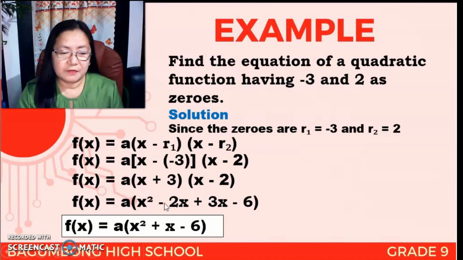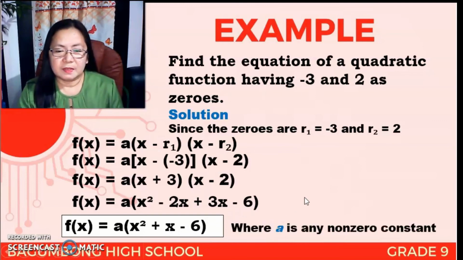The equation now is f of x is equal to a times the quantity of x squared plus x, since negative 2x plus 3x is positive x. Rewrite negative 6, where a is any non-zero constant.